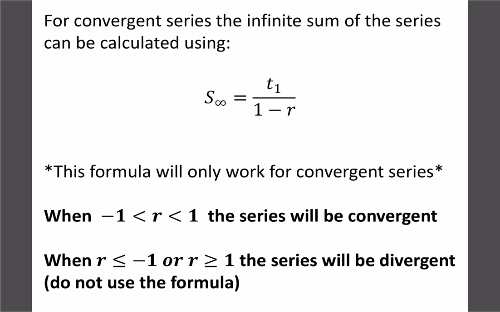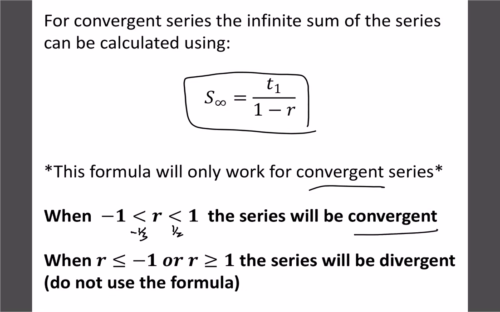So if they're convergent, and this formula only works for convergent, then we can actually calculate the sum pretty easily. We write it as S infinity, just to show that it's an infinite sum. We need term 1 and our ratio, and that's it. So remember, this only works for convergent. If our R number is less than 1, which means a half, a third, or so on, or it could be negative, like negative a third, that means we're getting smaller, so it's convergent.